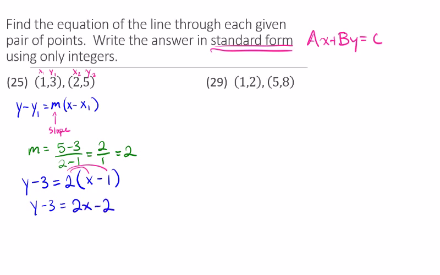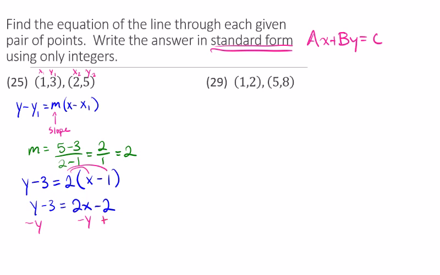Once we get it simplified, now I want to try to get x and y on the same side, like we see up there. And I want to get my numbers on the other side, but remember that we want a to be positive, right? So I want to keep the 2x over here because that's where the x coefficient is positive. So I'm going to subtract y from both sides to get the y over with the x.